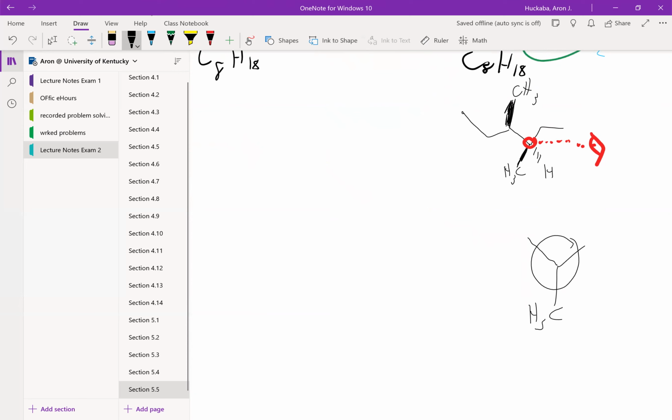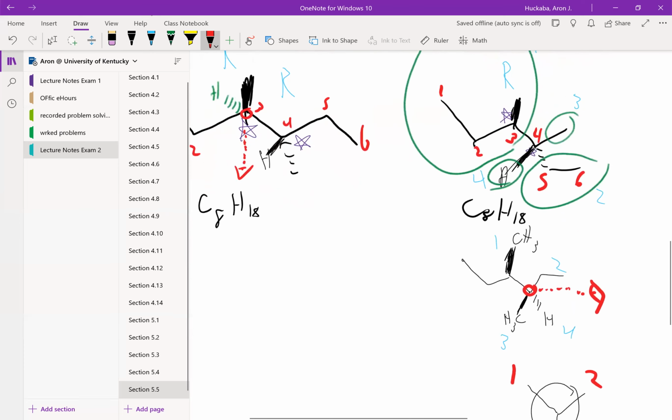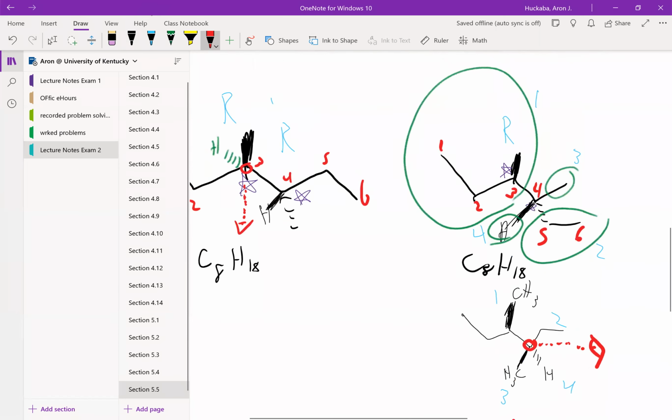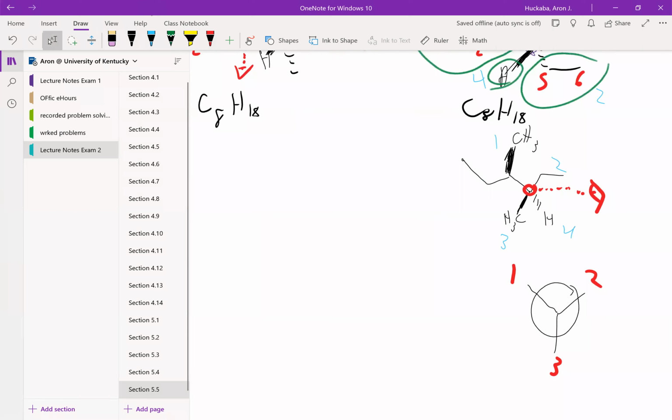We'll draw them in their priority groups, because remember the bigger one here was number one, the ethyl group was 2, CH3 3, and H4. So then that would be 1, 2, 3 there. So then we have clockwise rotation, which makes it R.